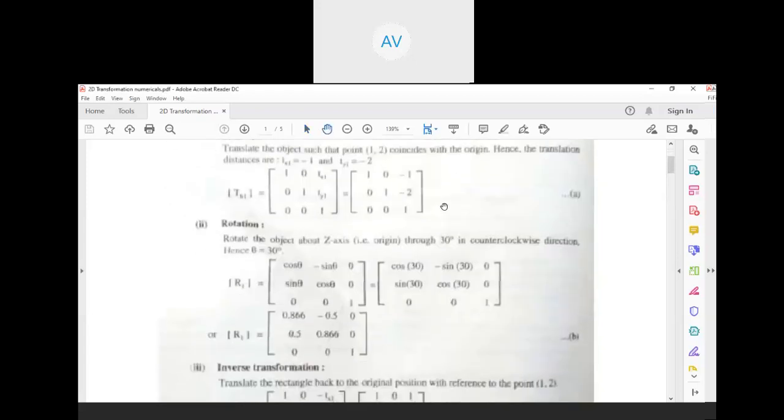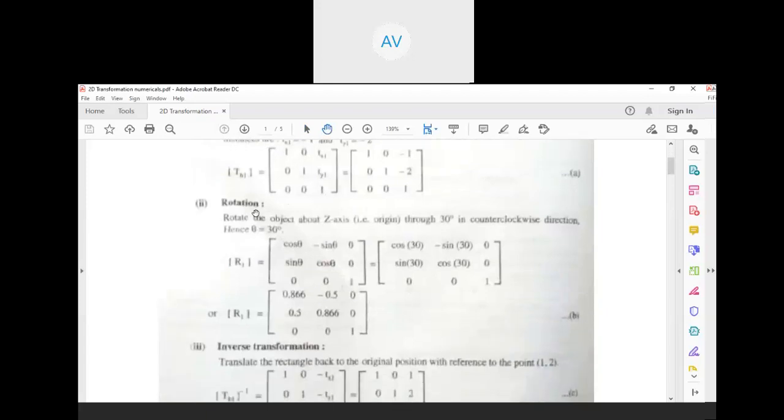Then after that we will write the rotation matrix. We rotate the object about the z-axis by 30 degrees in the counterclockwise direction. For counterclockwise direction, theta is positive 30 degrees. If it were clockwise rotation, then theta would be negative.